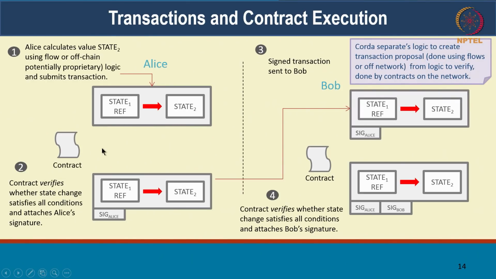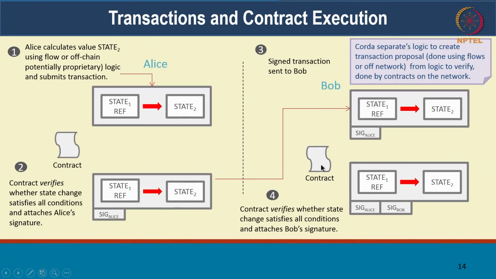So that's the first step. So second step, once the contract gets this transaction from Alice, it's going to first verify whether this is a valid transaction. And the state change, it will check whether all conditions or preconditions for this transaction are satisfied. And these preconditions are specified in what is called a flow.